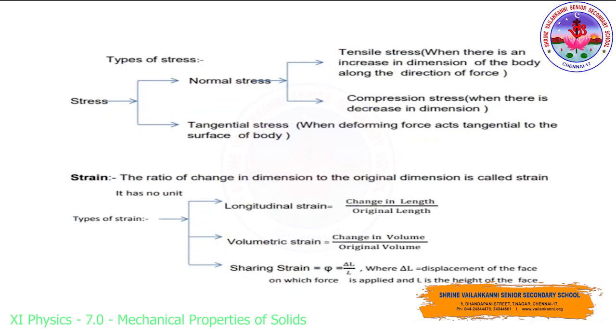Now, you may see in the flow chart what all we have seen: stress and strain. Types of stress, what did we say? Normal stress and tangential stress. Normal stress has two types: tensile stress, which means increase in length, and compression stress, which means decrease in dimension or length.